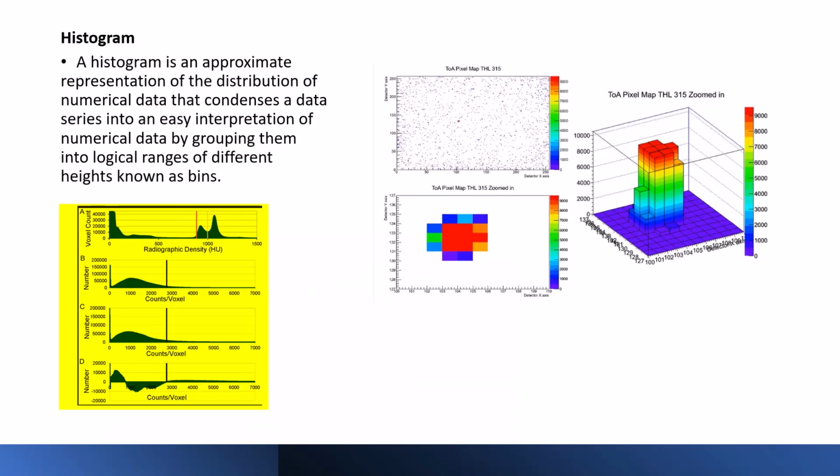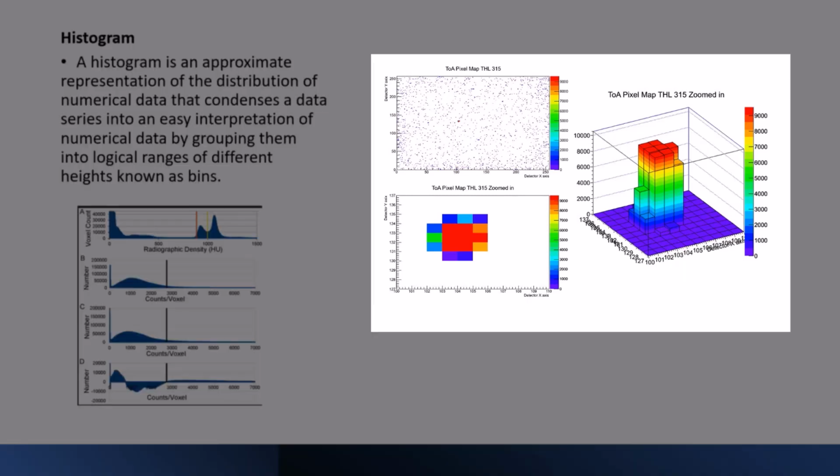A histogram is an approximate representation of the distribution of the numerical data that condenses a data series into an easy interpretation of numerical data by grouping them into logical ranges of different heights known as bins. The image on the left is a histogram, and the highlighted area on the right demonstrates how the data is used and represented in the histogram.